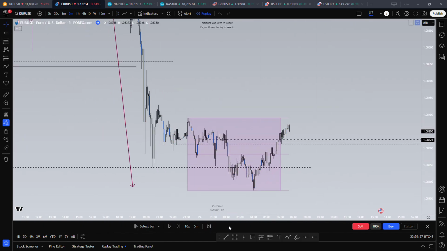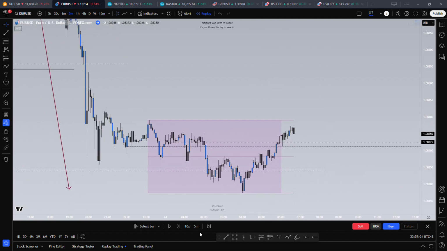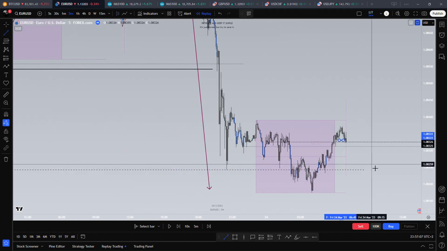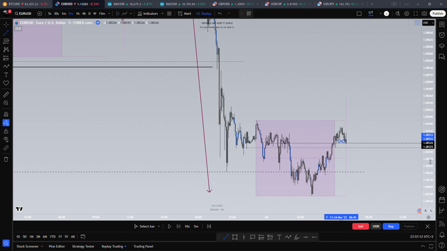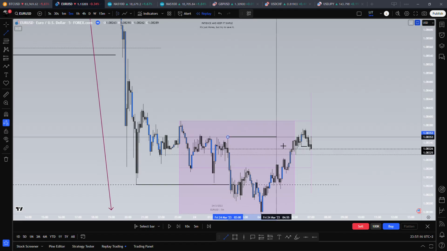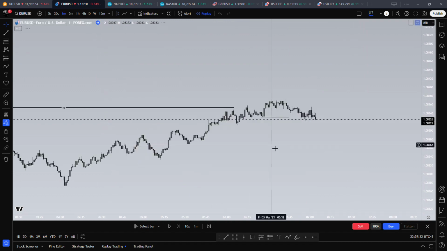So now we have to wait for the break obstructor here. Is there any reason why we could have this break obstructor? Probably yes, because we had this and this was relevant liquidity here. So we can look for a sell here.